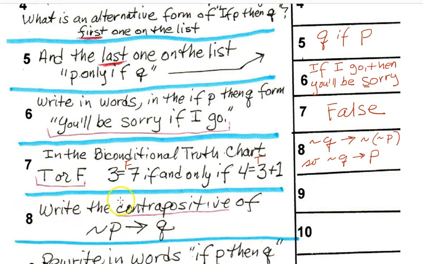Number 8, write the contrapositive of not P, then Q. Well, for this one, remember the contrapositive is we switch the letters around and negate.